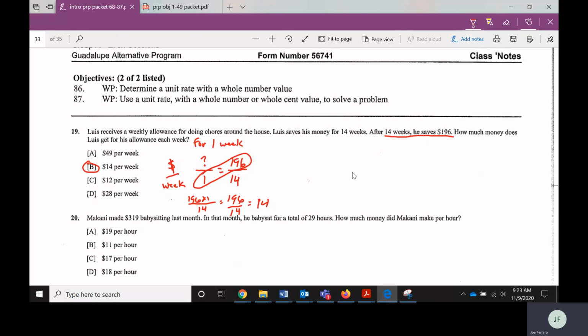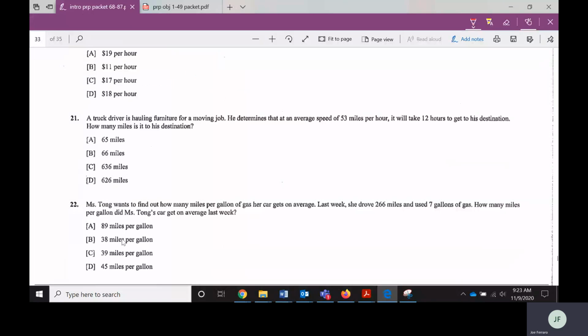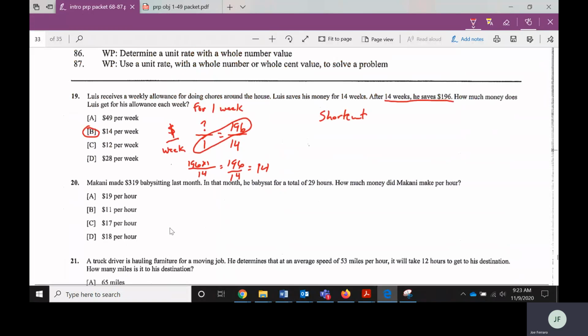There is a shortcut for unit rates. When you're finding a unit rate, you're always finding it for 1, either 1 week or 1 hour, or if we look down below, miles per gallon means miles per 1 gallon. Because that bottom number is always going to be 1, the cross multiply is always just times 1, and then you divide by the other number.